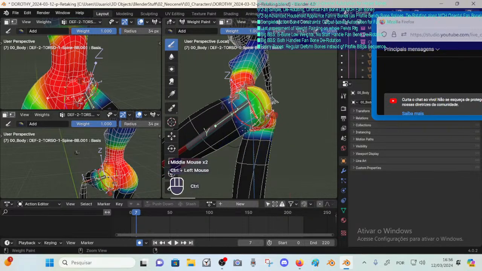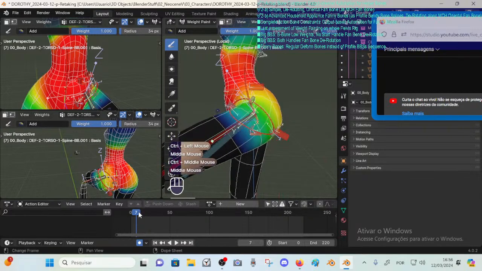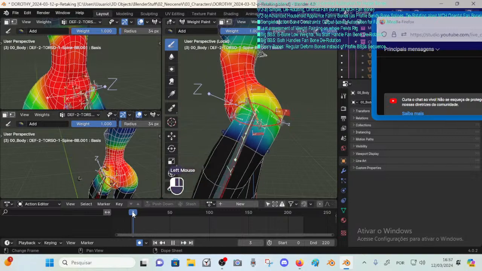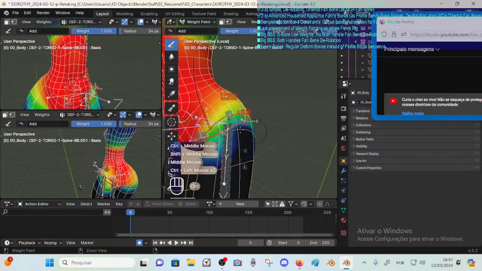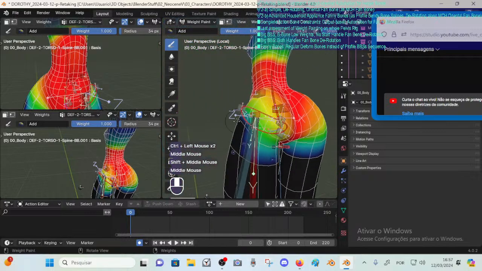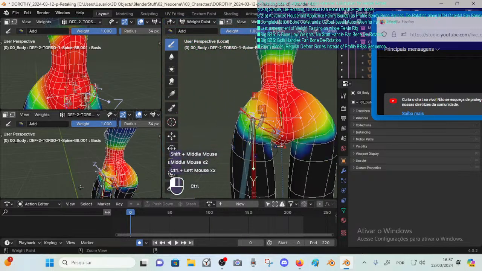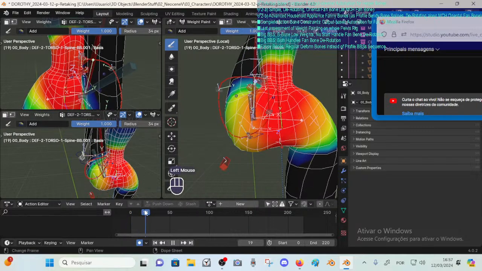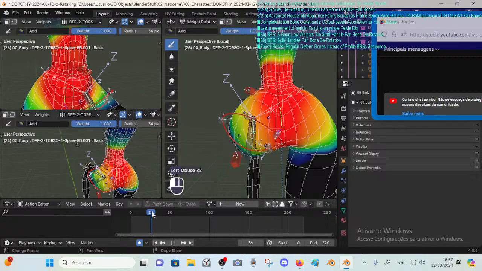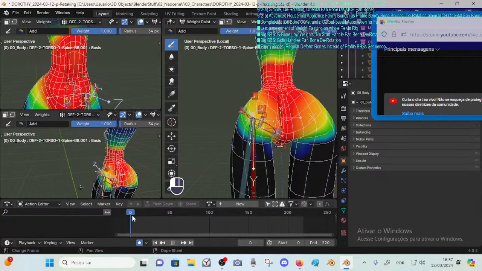Unrequired, I think, especially because this is taking weights also from the bendy bones. Yeah, this is critical, I think. Maybe it would be good for the buttocks region, but then it's still the upper thigh.